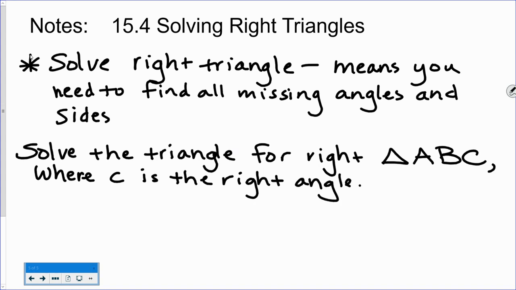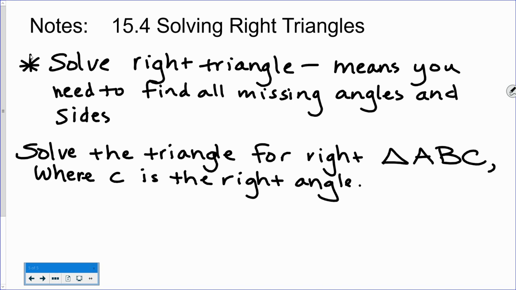Some of your problems in your homework today will have the triangle sketched for you, and you'll see where the side lengths and angles are. Others will tell you it's triangle ABC, and they always tell you C is the right angle. So then you have to sketch it correctly, otherwise you're going to get it wrong.